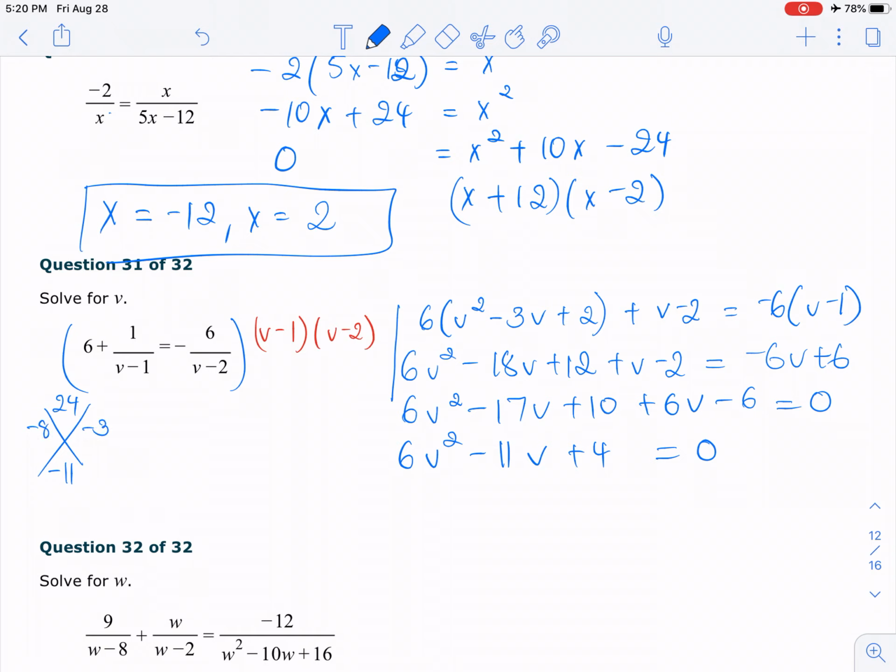For those two numbers, when you multiply, you get 24, and when you add, you get negative 11. And then I'm going to divide by 6. I'm going to have to reduce it. So what I have is 3v minus 4 and 2v minus 1. After you set those two equal to 0, you're going to end up with v equals 4/3 and 1/2.